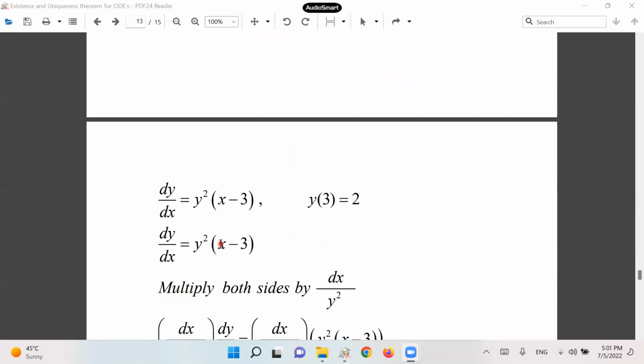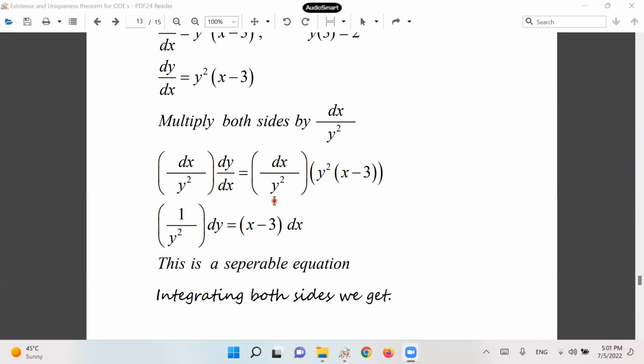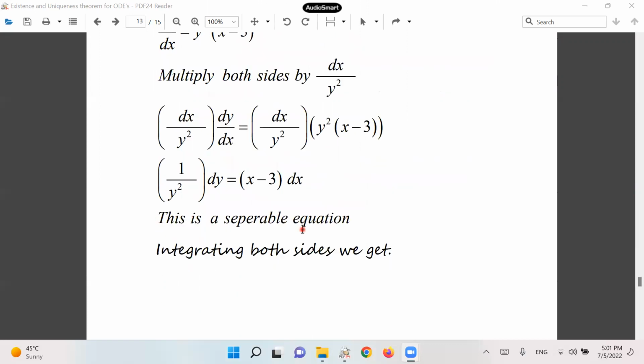In order to check, first we will change the equation into separable form. Multiply both sides by dx over y square. When we multiply both sides by dx over y square, we get the separable form: 1 over y square dy equals x minus 3 into dx.